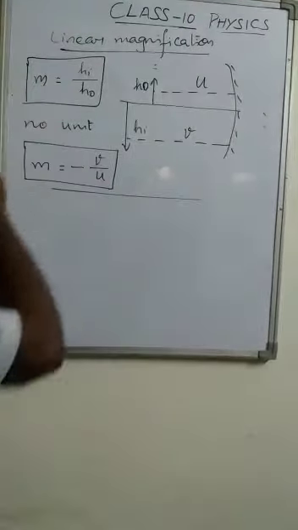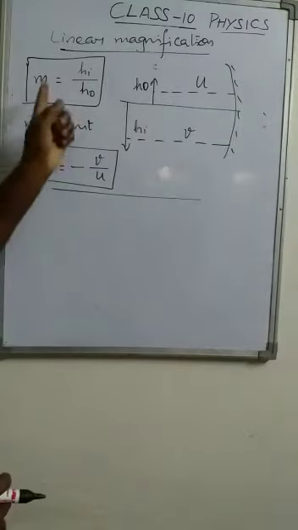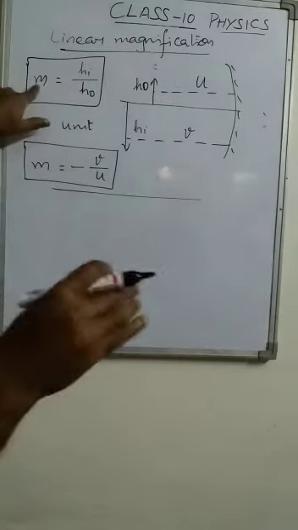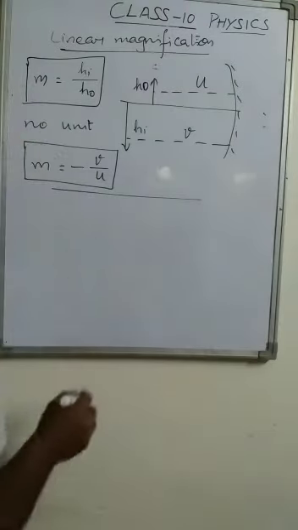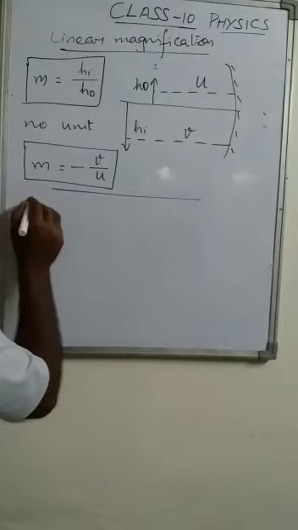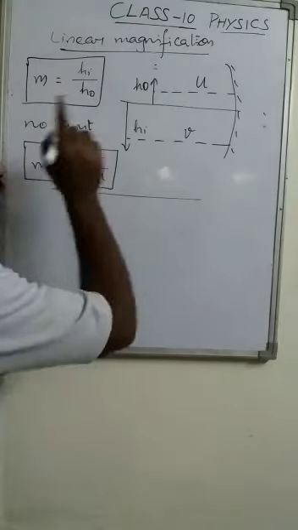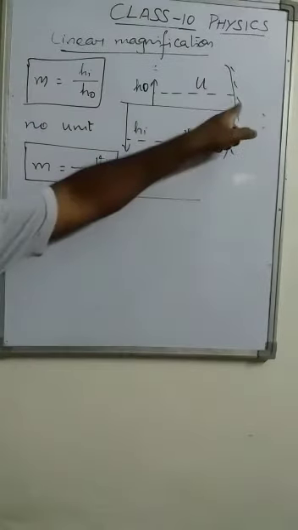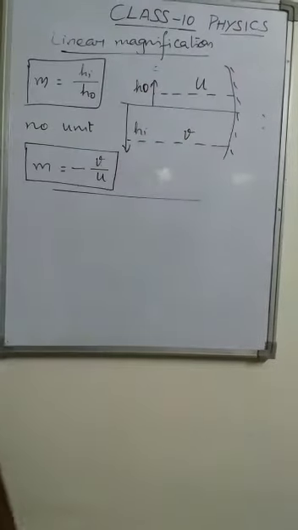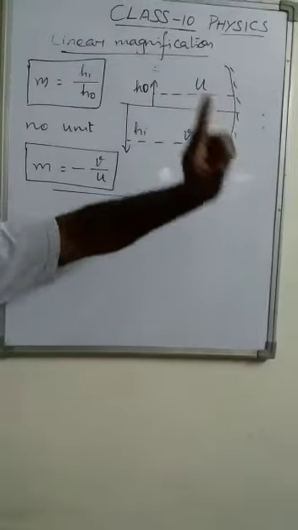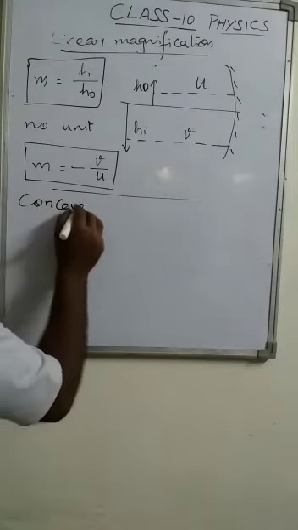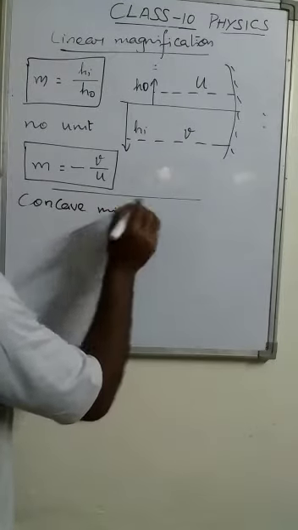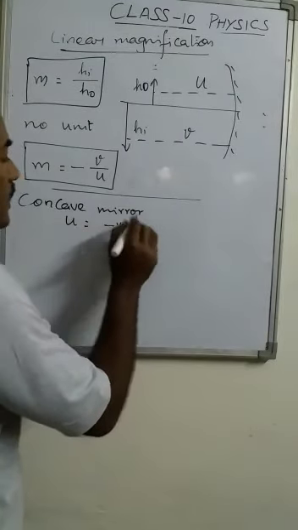We can use any of the relations to find out whether m is positive or negative. The object is placed in front of the mirror, and from the object, light rays travel towards the mirror. So in case of a concave mirror, u is negative.